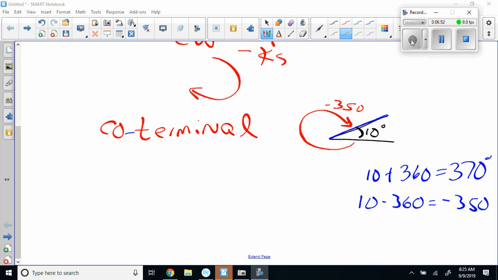Okay? So the whole premise today is being able to find coterminal angles, or really we call them reference angles, to certain degrees. Now it may be multiple revolutions, right? And you need to understand that. The degrees part of it is pretty easy because we're either going to add 360 or we're going to do what? Subtract. And I can just keep going from there. I can take 370 and add another 360 and get the next one, right?